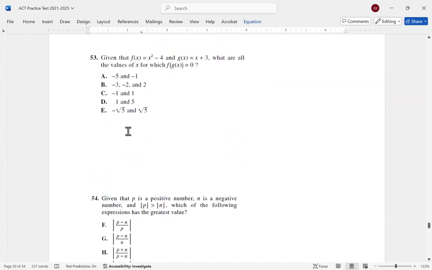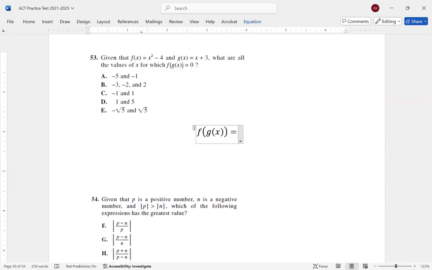Question 53. Given that f of x is equal to x squared minus 4, and g of x is equal to x plus 3, what are all of the values of x for which f of g of x is 0? So f of g of x, we have to understand how function composition works. This means that I'm going to take my f and plug in x plus 3 as the input for f.